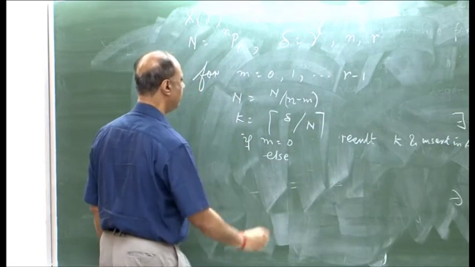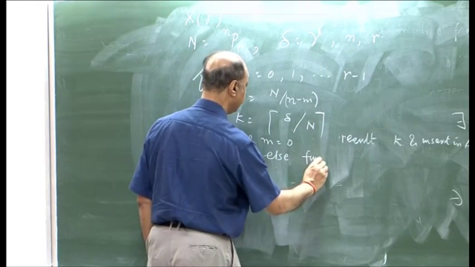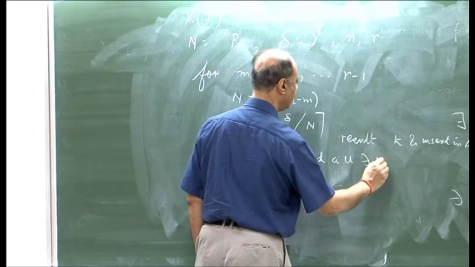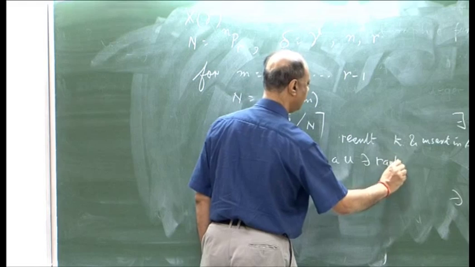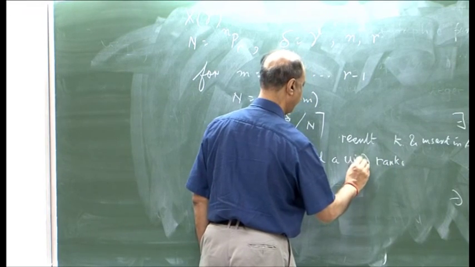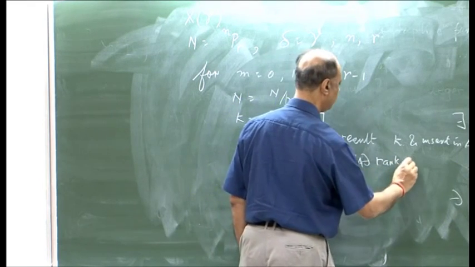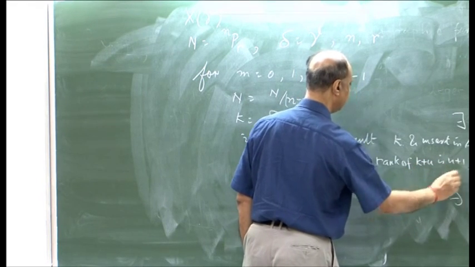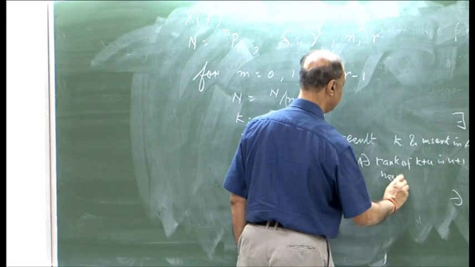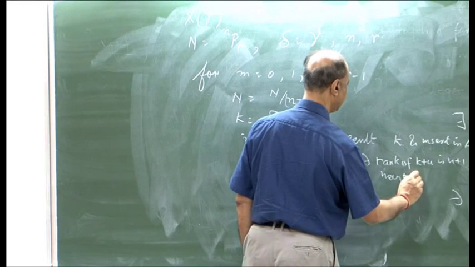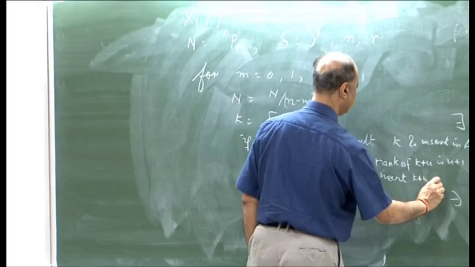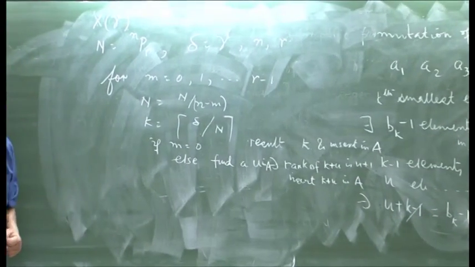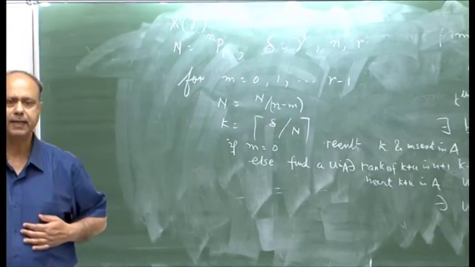Else, find a non-negative integer U such that rank of K plus U is U plus 1, and insert K plus U in A. By insert I mean not only insertion, you have to do the balancing also.